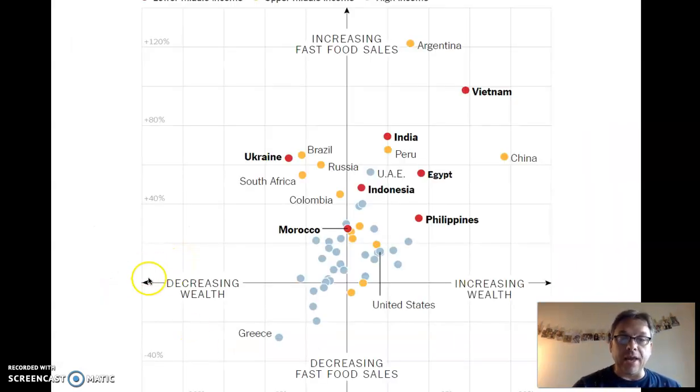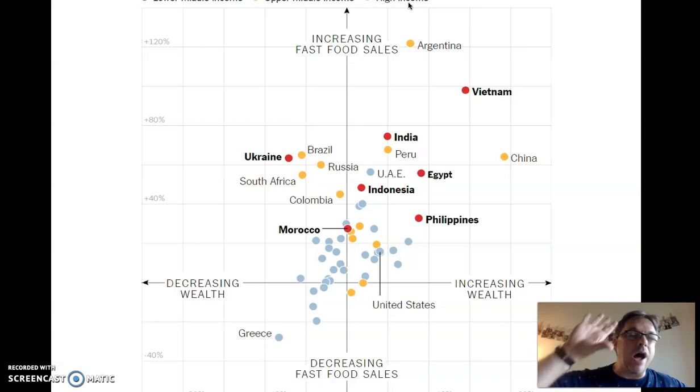So this one, again, we have the X and we have the Y. So increasing fast food sales, so a lot of fast food sales, more, and decreasing. Decreasing wealth, the amount of money people have, increasing wealth, the amount of money people have. Also, we have up here, so lower middle income, upper middle income, and high income.